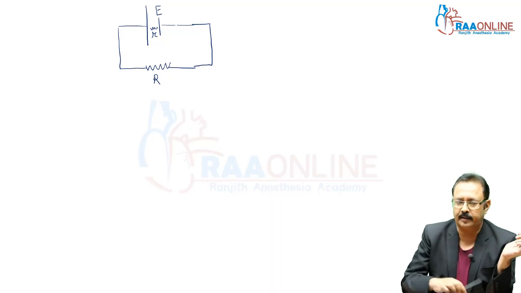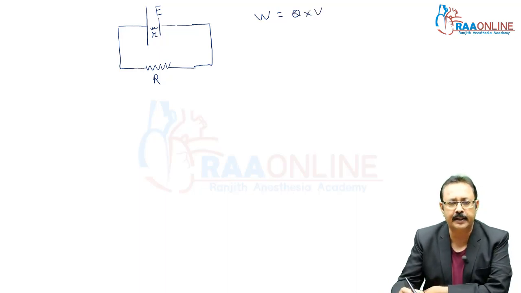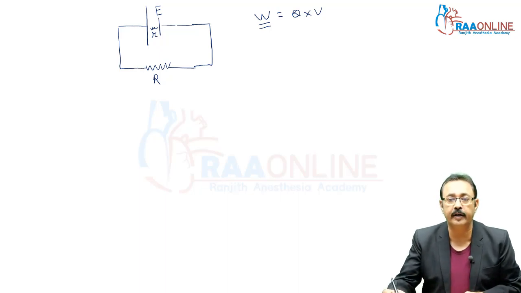Or you know that work is equal to charge into potential difference. So you can define this maximum potential difference with the help of work. Work means energy. How can we explain V in terms of W?